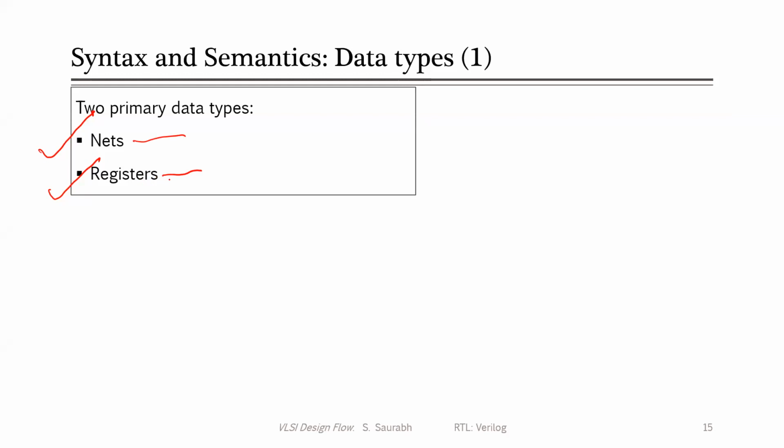But one question is, does a register mean that you will have a memory element in your design? Sir, nets are used for connection, and register is used for storing the data.